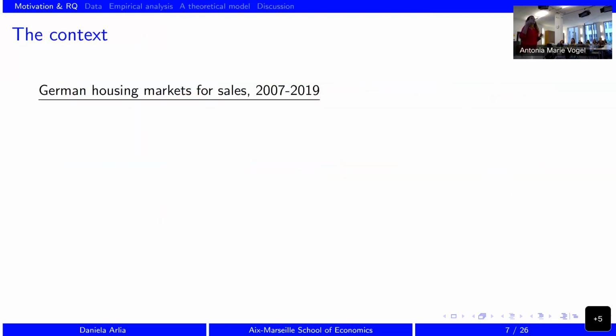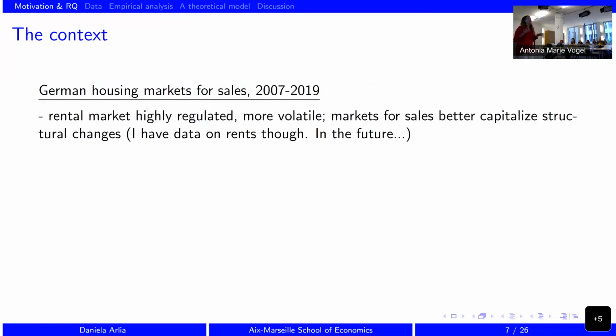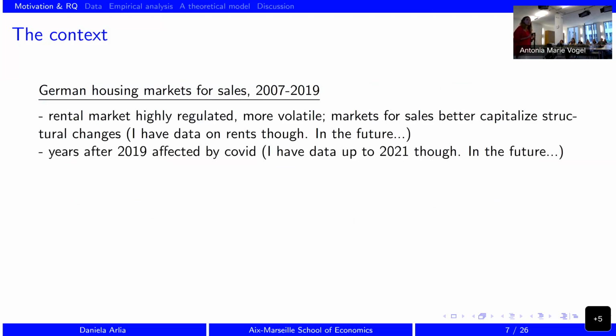So my context is the German one. I focus on the markets for sales in the period 2007-2019. I also have data on rents, but for the moment I'm not considering them in this analysis because the rental market, as we saw yesterday, is highly regulated and more volatile, and housing prices capitalize better this type of structural change that I'm studying.